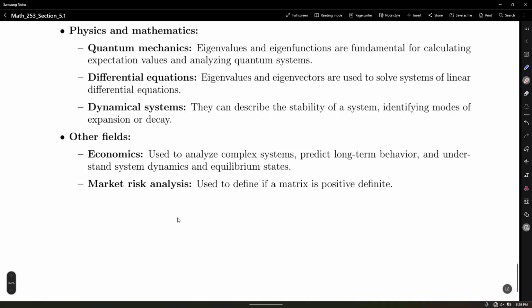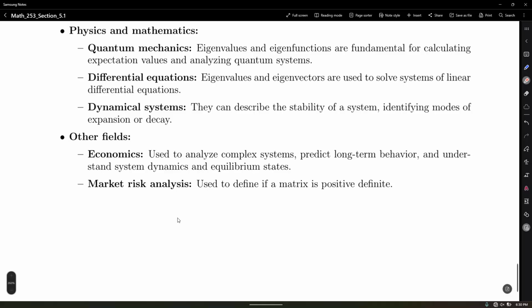Those of you in linear algebra may have talked about stochastic matrices, when you have a situation with, let's say, different cell phone companies or different fast food chains, and how many customers switch from one service to the other, or what percent do. Well, those matrix multiplications you did actually gave rise to these eigenvalues and eigenvectors.